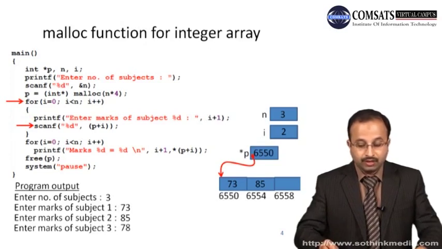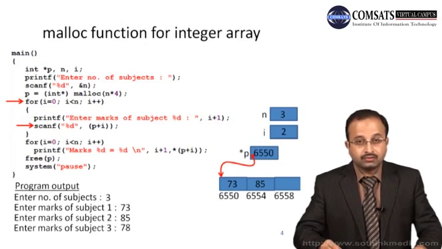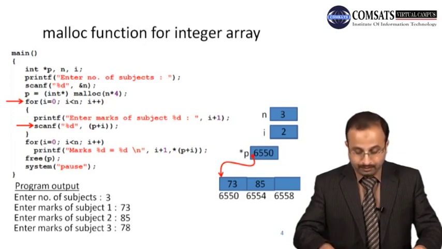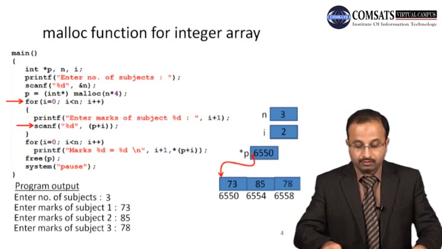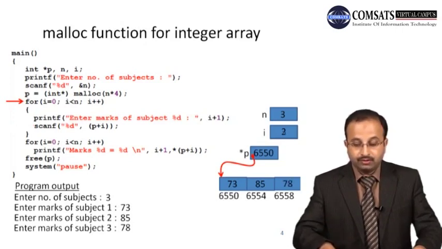These 78 will be stored in memory position 6550 plus 2. So plus 2 means you have to add 8, that is, you have to point to the second element. Now this 78 will be stored in the 6558 address. So 78 will be stored here, and then the value of I becomes 3.